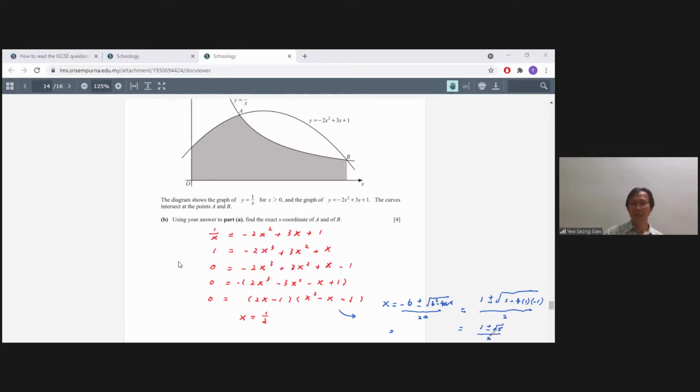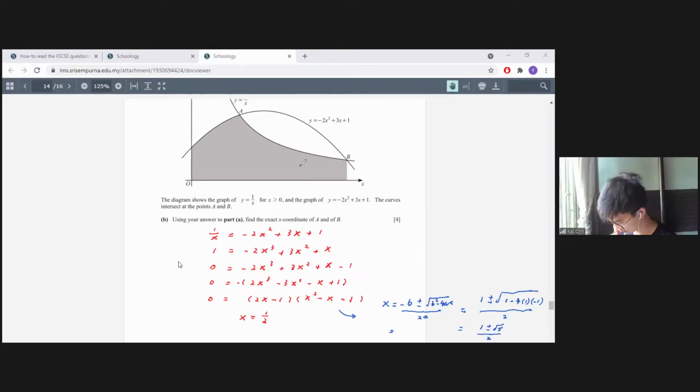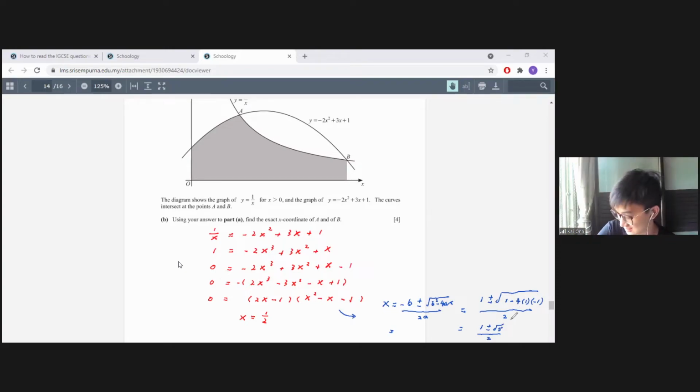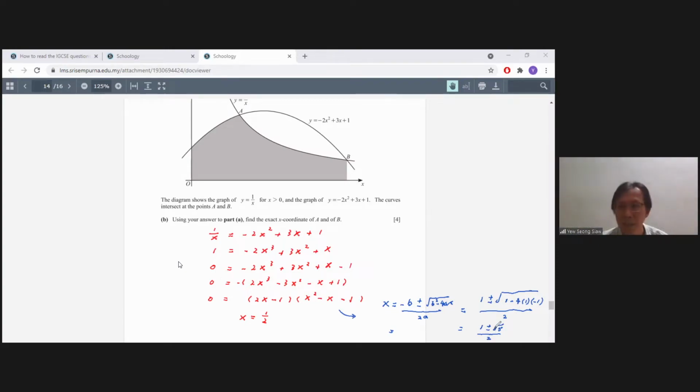1 plus minus 5 over 2. Can you accept plus minus at all? No. First, x greater than 0. You want to accept the plus or the minus? Plus, because with minus the answer will be negative.